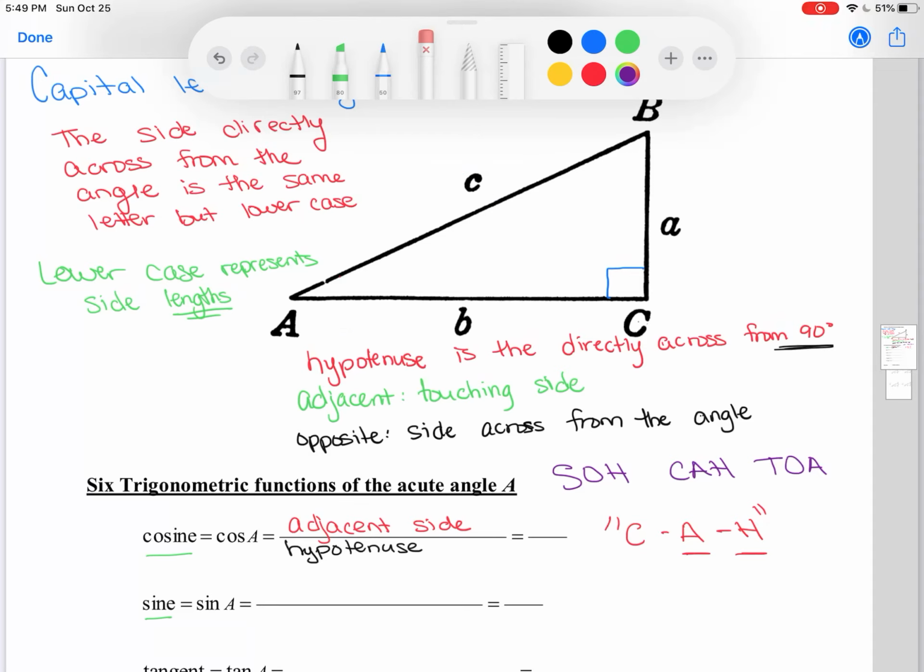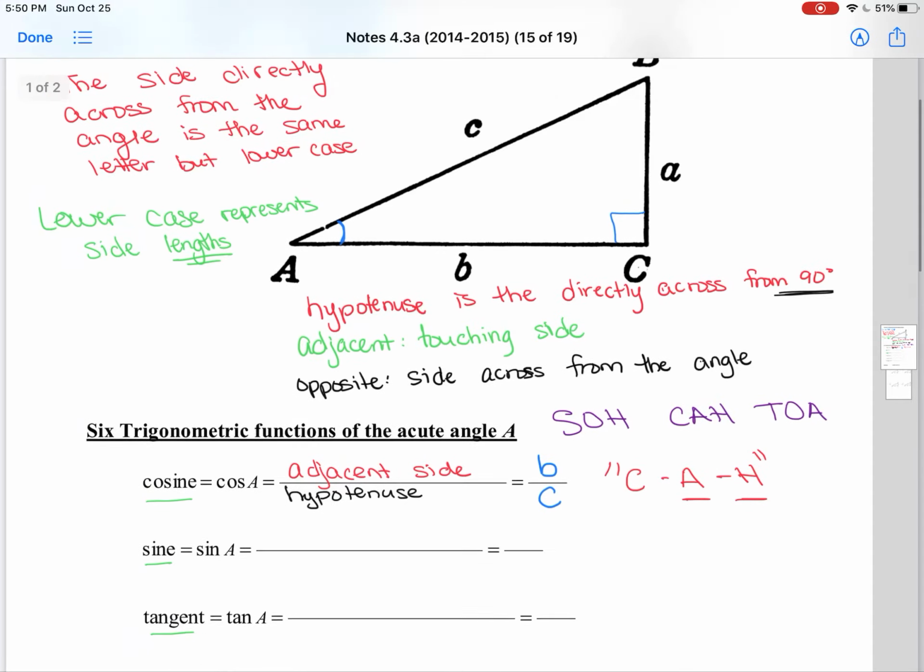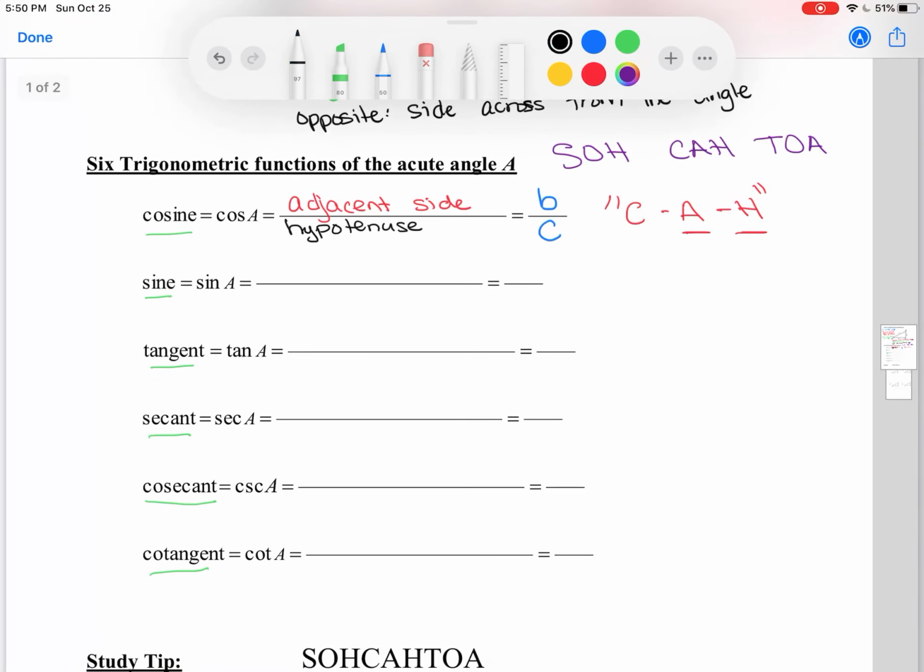Then if we look back up at our picture, this triangle here, we still know we have that 90-degree angle. This is in reference to angle A. So I'm going to look back at angle A and ask, what's my adjacent side to angle A? We have lowercase b. And my hypotenuse was lowercase c. So we can fill out our equation based off of the picture that we have.